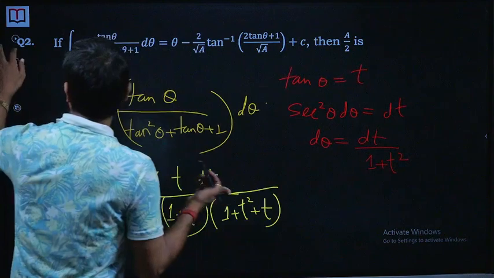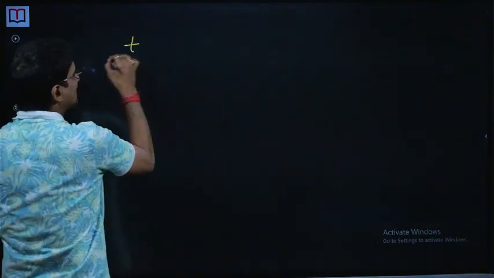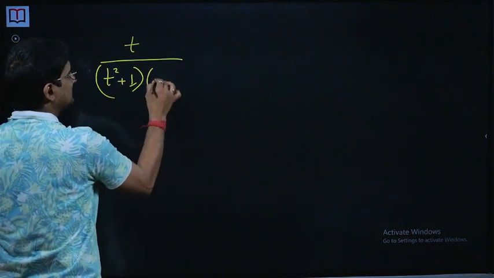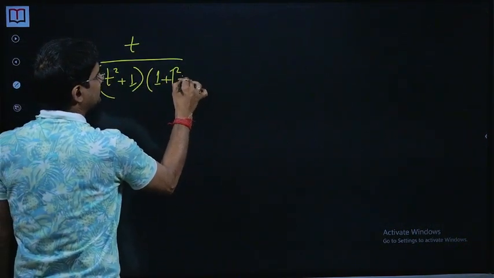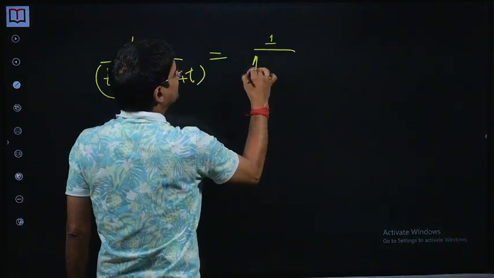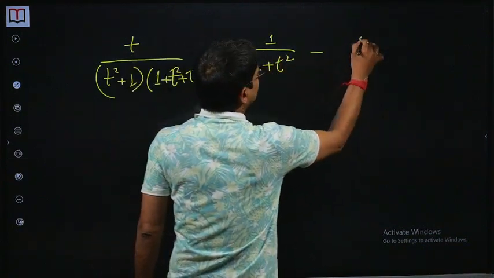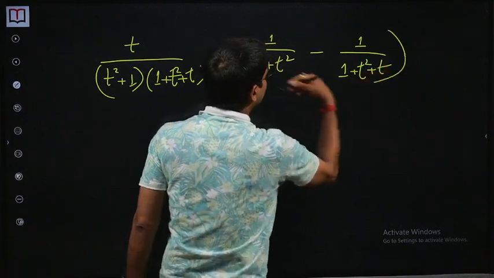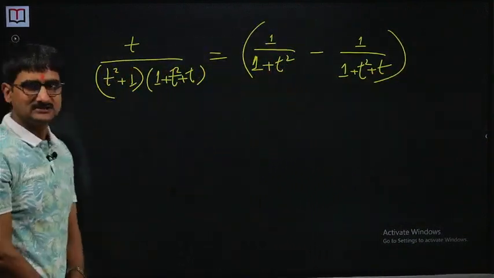So what I am trying to say here is, if I wish, we can try to write it as, just try it, (1 plus t square plus t) minus (1 plus t square) upon, so I'm just balancing it. Then we will check that we get the same thing as in the LHS. Of course we will get it.